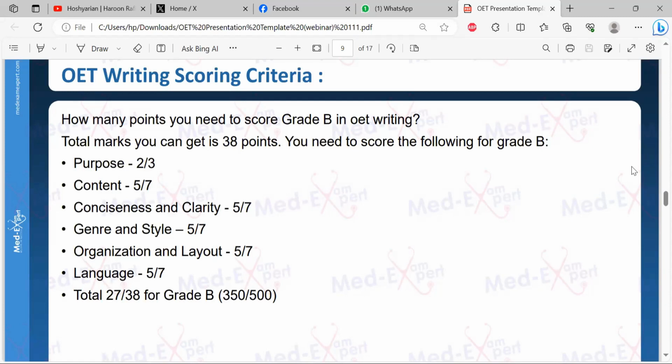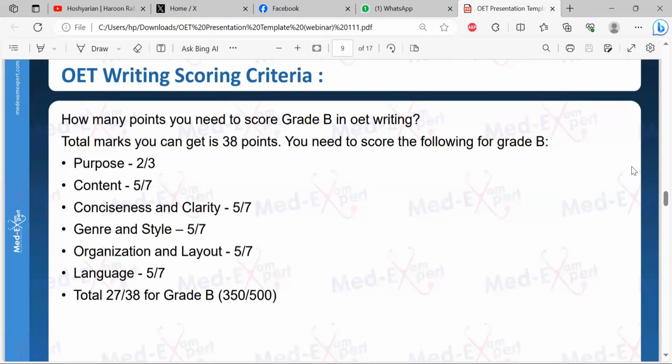Getting 3 out of 3 is a little bit difficult, but if it is 2 out of 3, you are surely going to score grade B if your letter only has other minor mistakes, because these can be neglected. But if purpose gets 1 out of 3, it is near to impossible that you are going to get B.